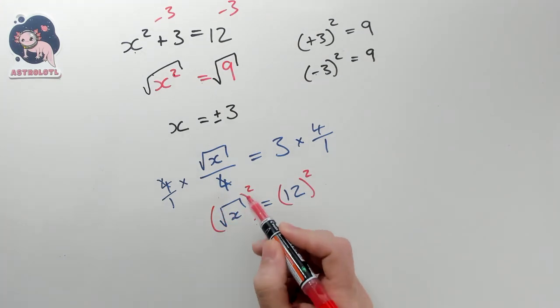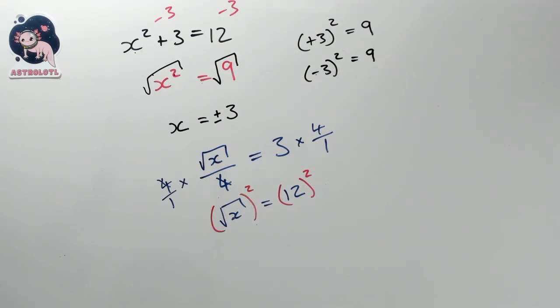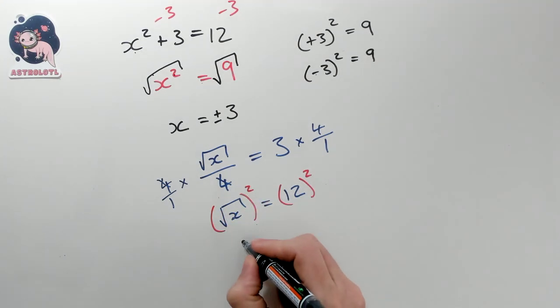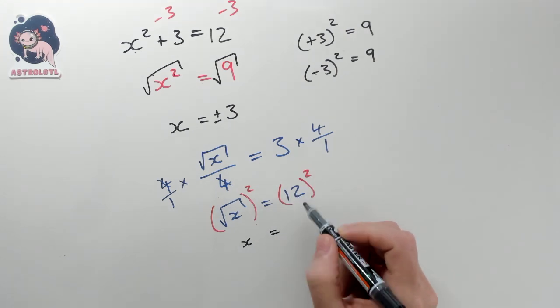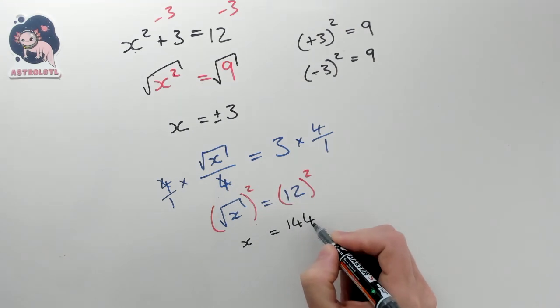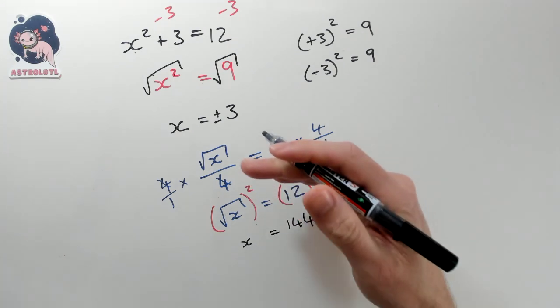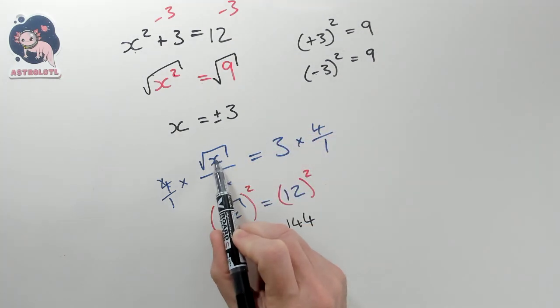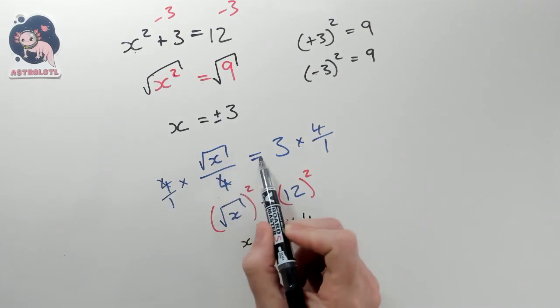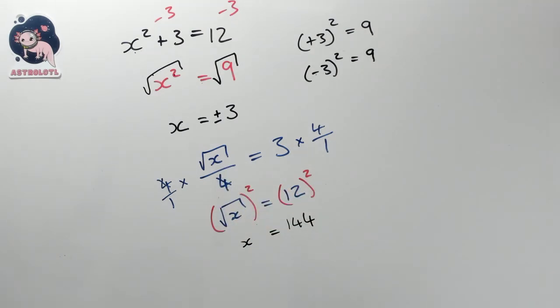And I know the square root and the square are going to cancel each other out. And I'll show you why in just a bit, because I know you want to know. And then 12 times 12 is 144. So this is kind of the process that we have to follow. We have to think what is being done with the x, and then step by step undo those things.